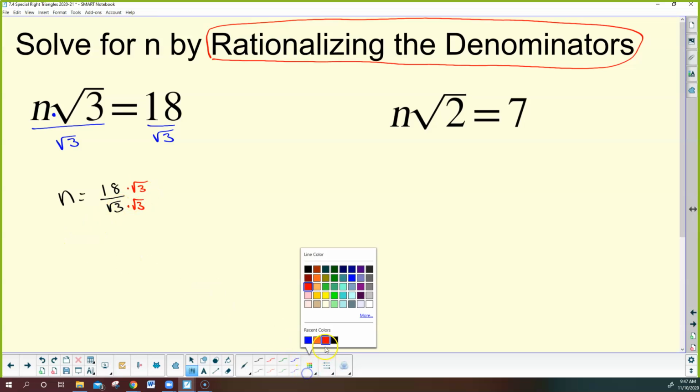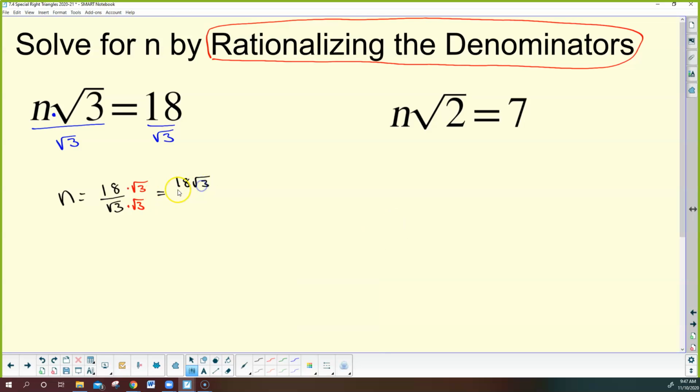But what this does is look at what happens up top. Up top, we get 18 times the square root of 3. We can't multiply a whole number by a radical, so we just write it as 18 square root of 3. But on the bottom, well, wait a minute, isn't this the square root of 3 times 3, which is 9? And what is the square root of 9?